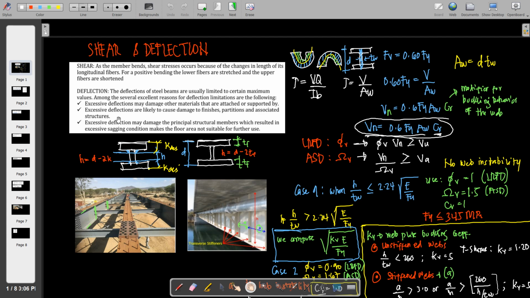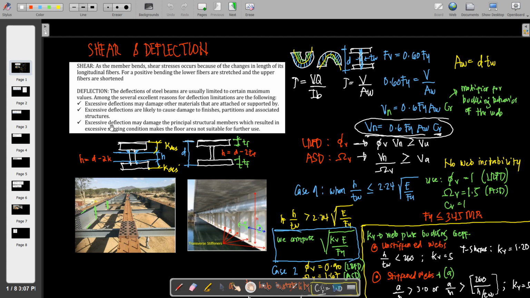So, ano ba yung other materials niyan? It could be a sub-beam or a stiffener beam or flooring, okay, or the floor joist.